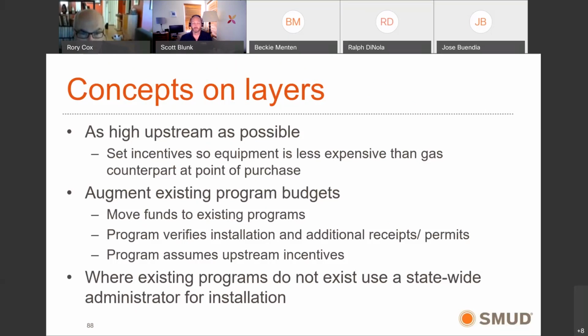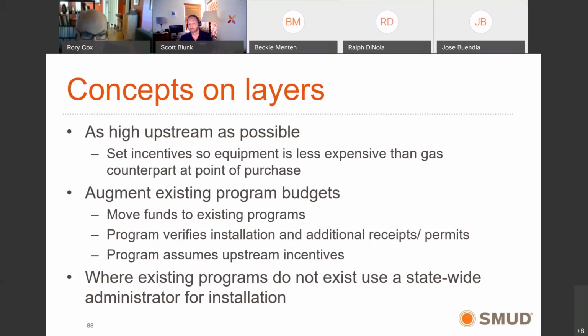And ideally for water heaters in particular, make them less expensive than their gas counterparts from the outset. You can leverage dollars much better the higher upstream they go. So I would say, look, everything as high upstream as you can.